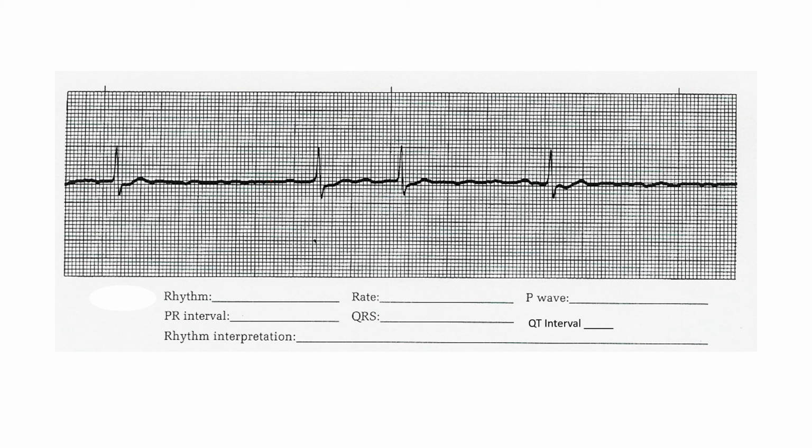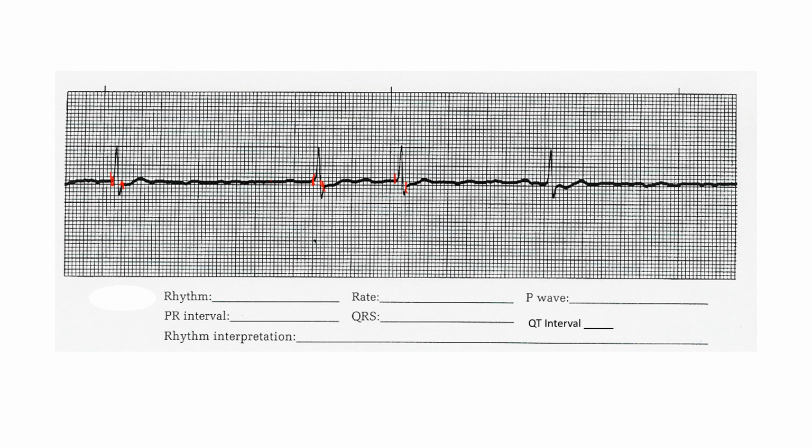You cannot measure a PRI. You can measure a QRS. So from the beginning of your QRS, measuring a couple of them, looks like about 2 boxes. So I'm kind of going here to maybe 2.5. This one's probably easier. 2 boxes, and so it's 0.08.